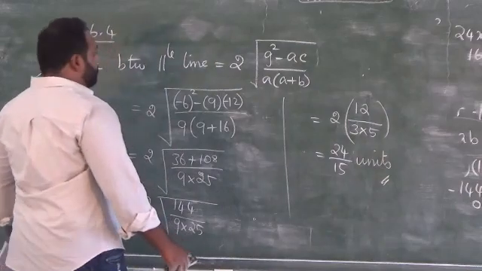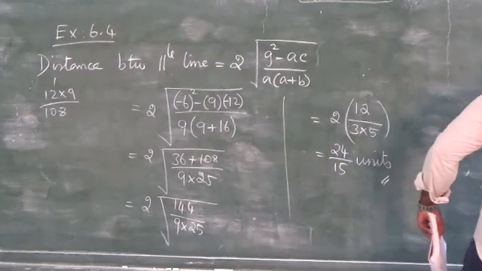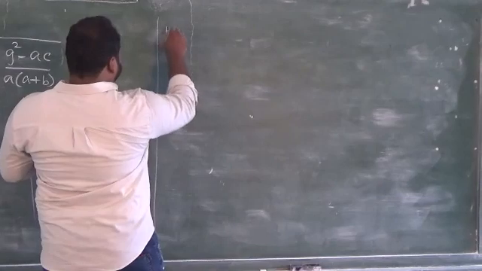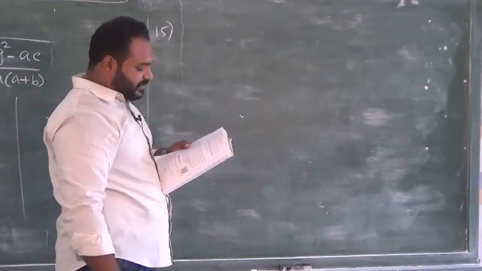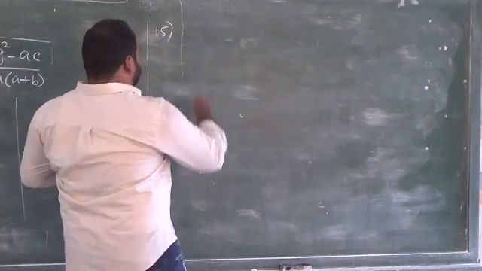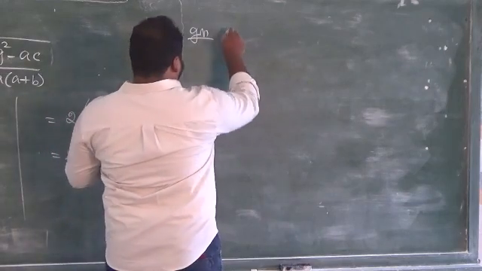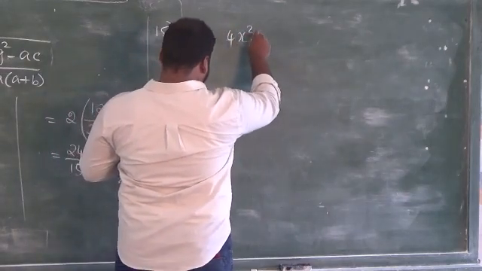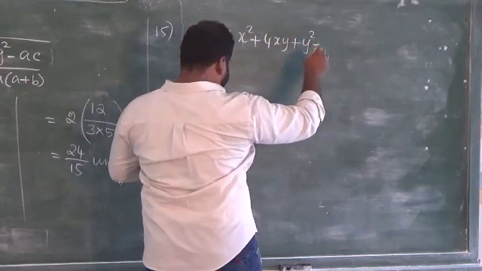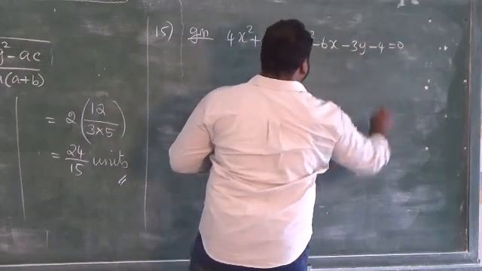Next, question number 15. Show that the equation represents parallel lines. Find the distance. Same as the last problem. Here the given equation is 4x square plus 4xy plus y square minus 6x minus 3y minus 4 equal to 0.